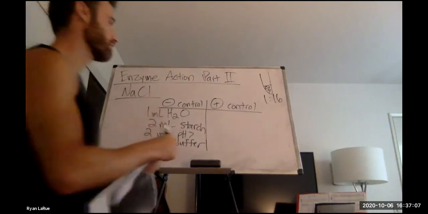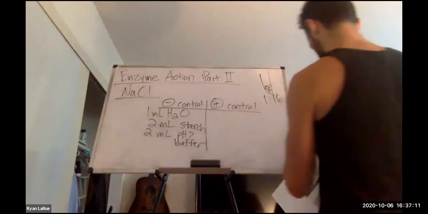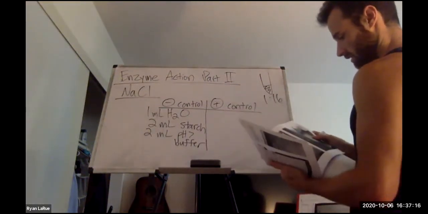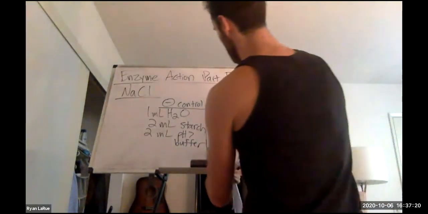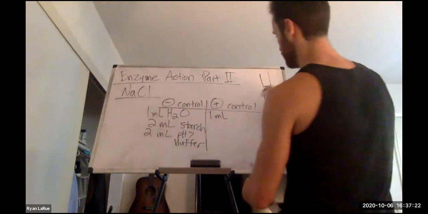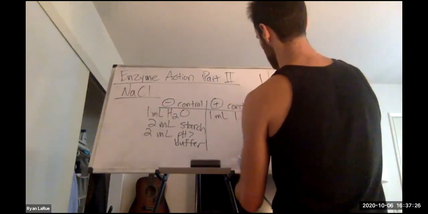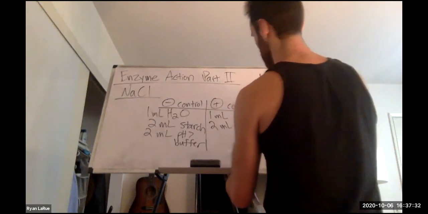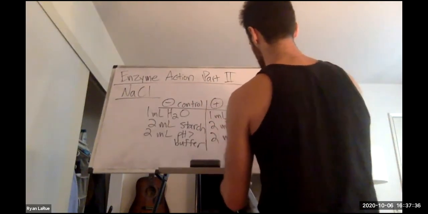The positive control is going to have a milliliter of your 1 to 16 saliva dilution, and then 2 milliliters of starch, and 2 milliliters of pH 7 buffer.